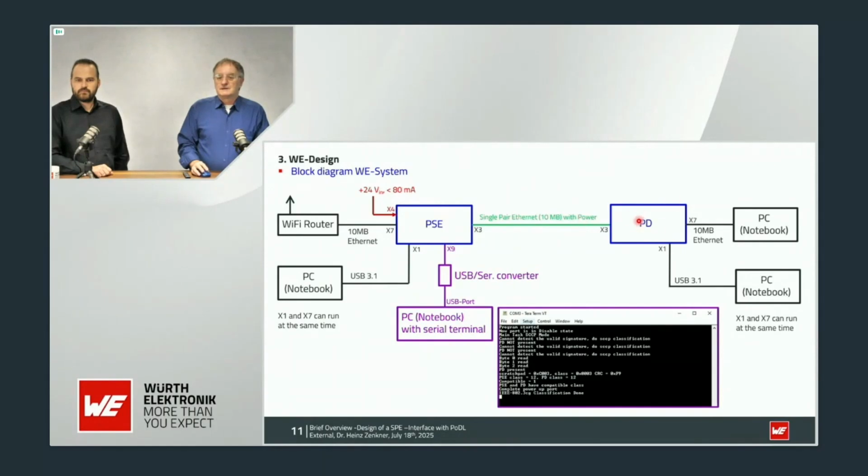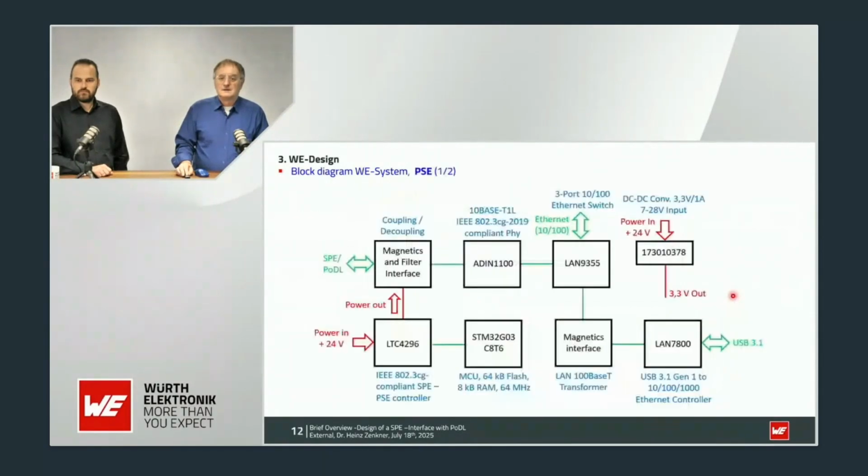Then on the secondary side, we go to the powered device, and we have again a 10 megabit Ethernet and a USB 3 connection. Okay, the block diagram itself, we come here from the single pair Ethernet interface, go through this magnetics I have shown you already, going to a PHY, to the Ethernet bridge, then some magnetic interfaces for galvanic connection, and again via the Ethernet USB bridge to the port.